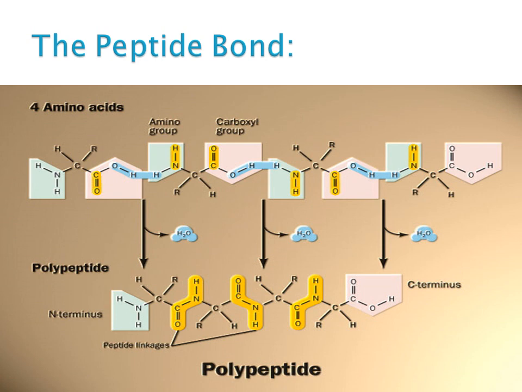Each polymer or each polypeptide contains an N-terminal and a C-terminal. C-terminal is the carboxylic group. N-terminal is the amine group. So we can add another amino acid by formation of a peptide bond at the C-terminal or at the N-terminal.